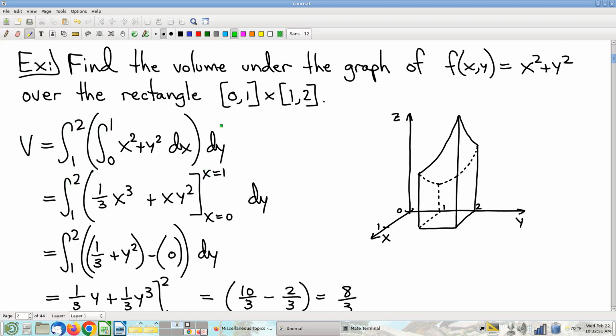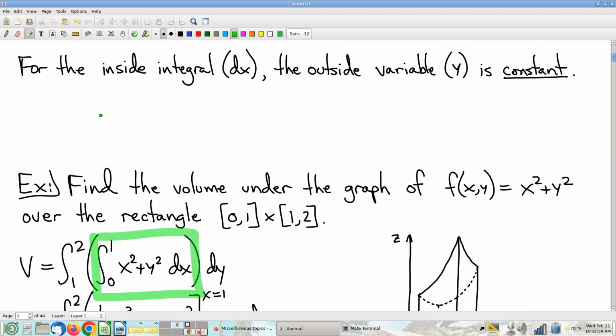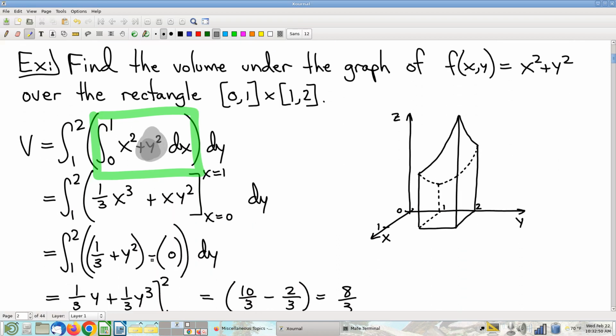We've already discussed we have to start with the inside integral, and per this point above, don't forget, for the purposes of that inside integral, the outside variable is constant. So y I have to treat as a constant, and therefore y squared there is a constant. Many students will look at this and think, oh, y squared, I'm doing an integral.